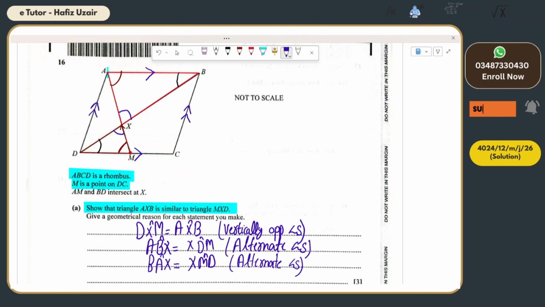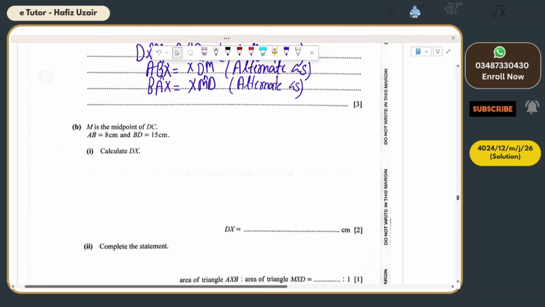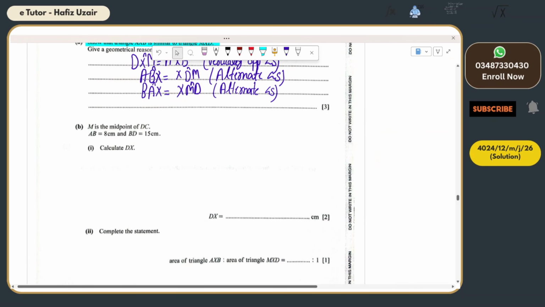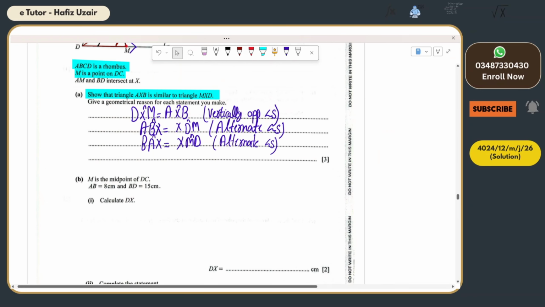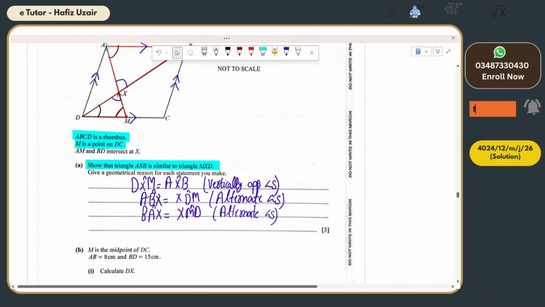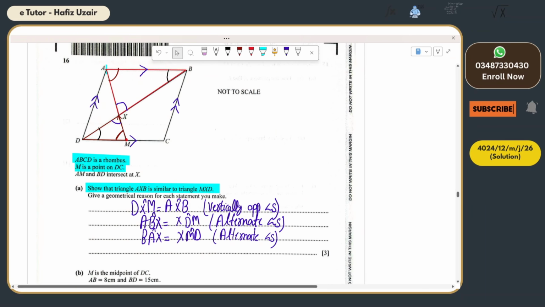So now let's move to B part of this question. So M is the midpoint of DC and AB is equal to 8 centimeter. Please look carefully. So M is the midpoint of DC and AB is equal to 8 centimeter.